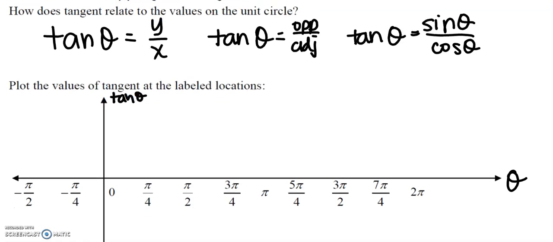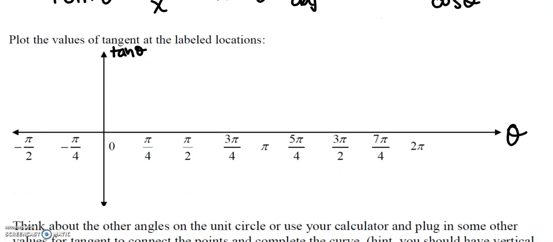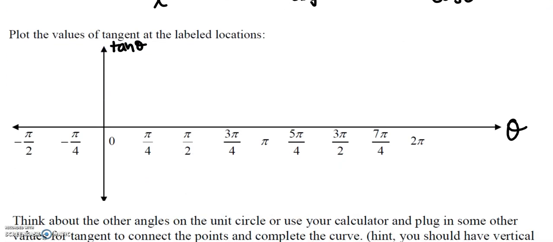So if I look at my unit circle and I go to 0 radians, the tangent of 0 is 0. If I go to pi over 4, the tangent of pi over 4 is equal to 1. Tangent of pi over 2 is undefined. I'm just going to skip that for a second. Tangent of 3 pi over 4 is -1.